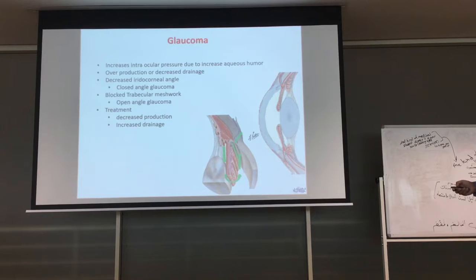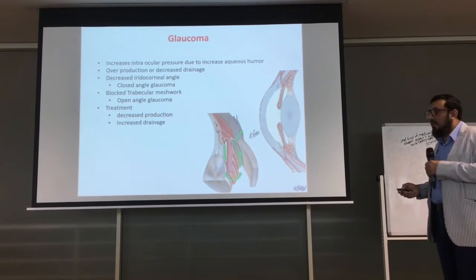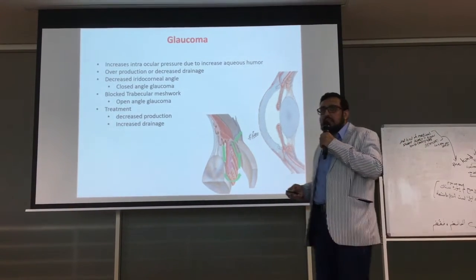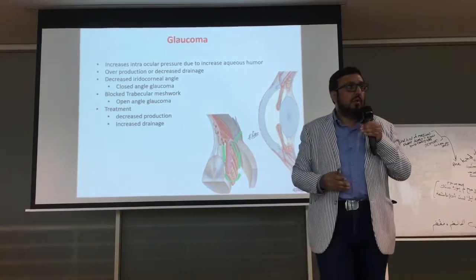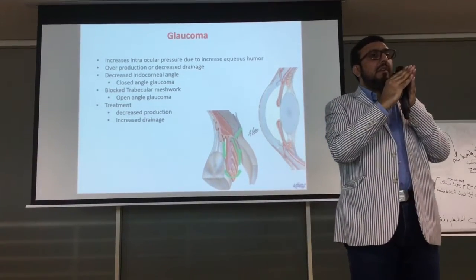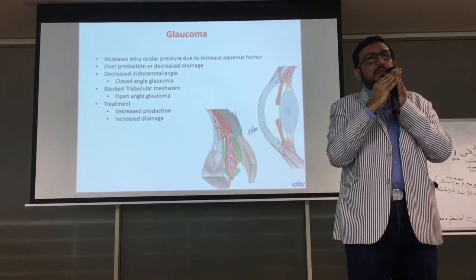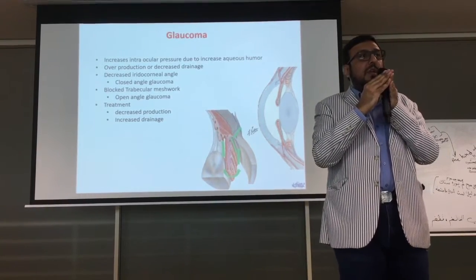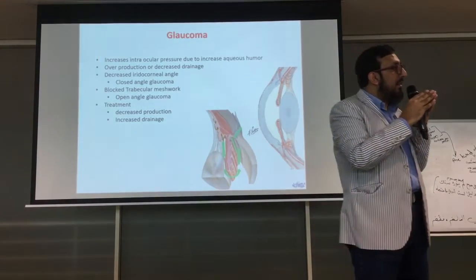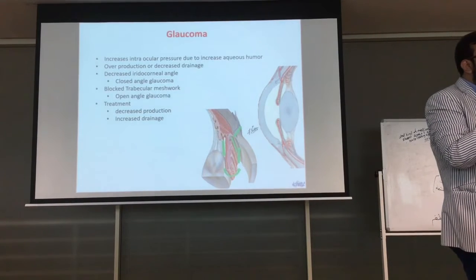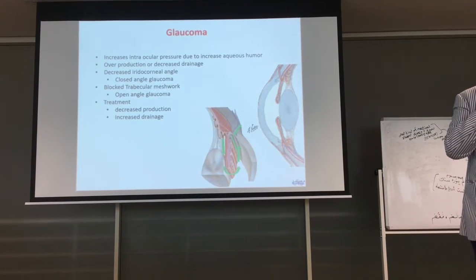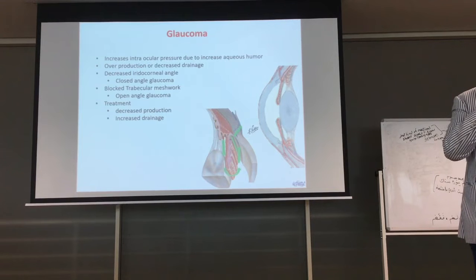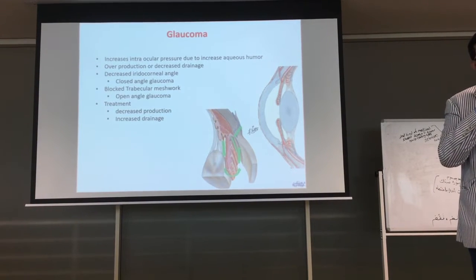Okay, going ahead. Now, two things can occur. If the iridocorneal angle is obliterated for any reason, you can neither drain the fluid into the trabecular meshwork nor into the iridocorneal angle.